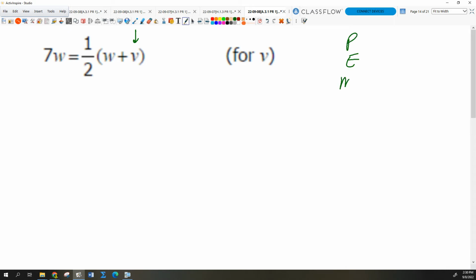We're using our PEMDAS tree, and we're isolating. We're using inverse operations. Okay, so what's the first thing we have to do here? Now notice that we don't get to parentheses until the last step. So when we talk about addition or subtraction or multiplication or division, we're talking about these operations outside of parentheses, because we don't get to the parentheses until the last step.